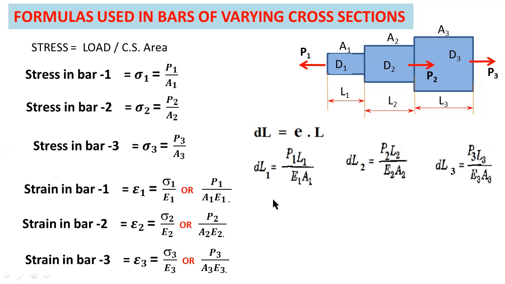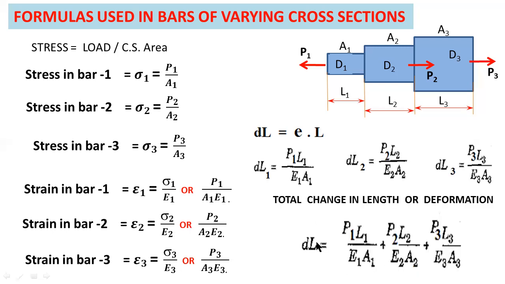So by using these three formulas, you have to find out the total deformation in the bar. Total change in length or total deformation in the bar, delta L, is equal to the sum of these three deformations.